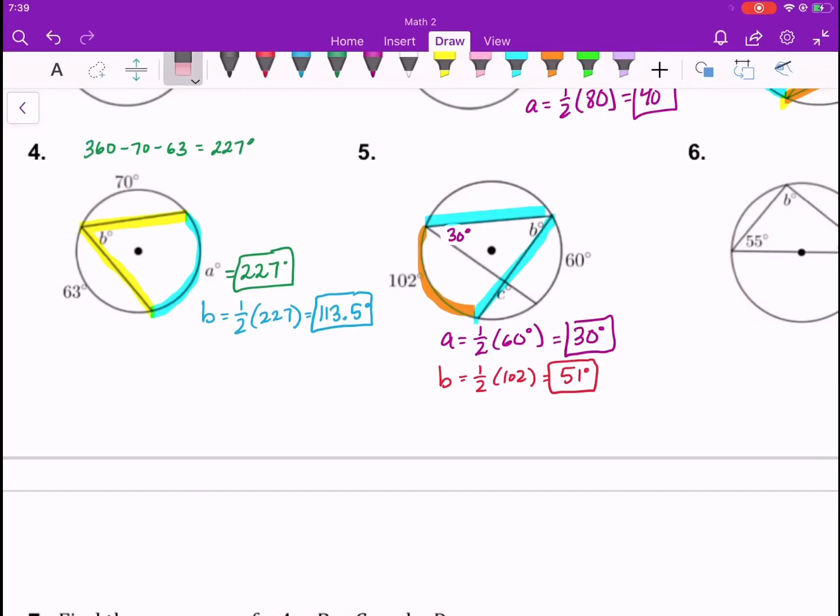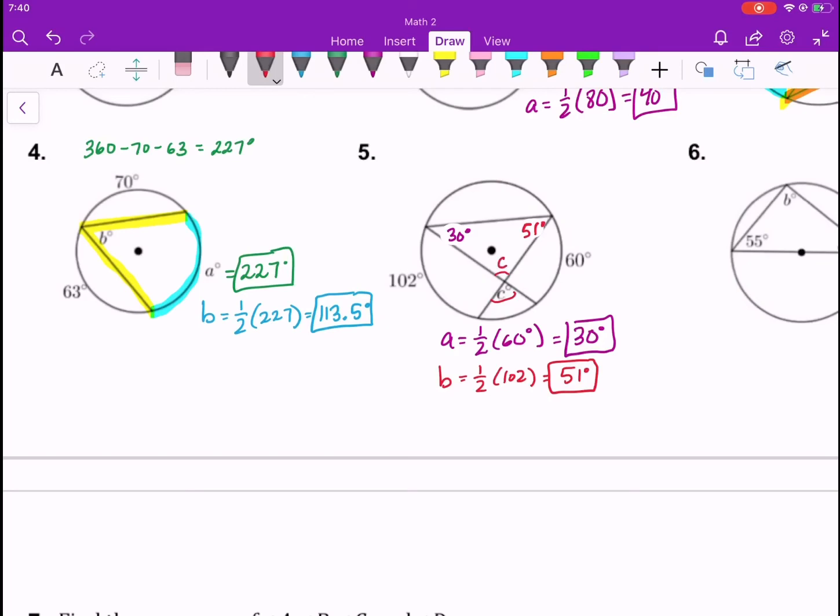So once again, I'm going to clean that up. Now that I showed you where it was, I'm going to put the 51 degrees right here because that's going to help us find our next one. So C. Now C, this is a vertical angle, so these are congruent right here.